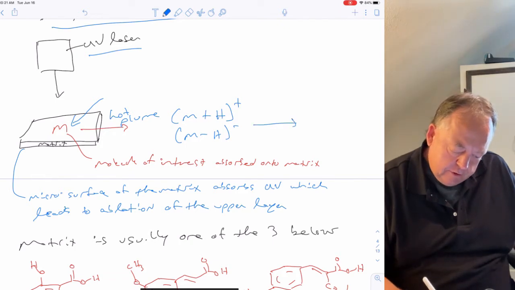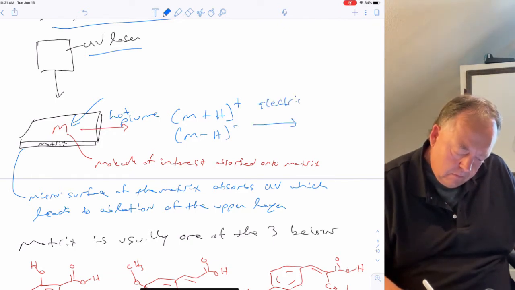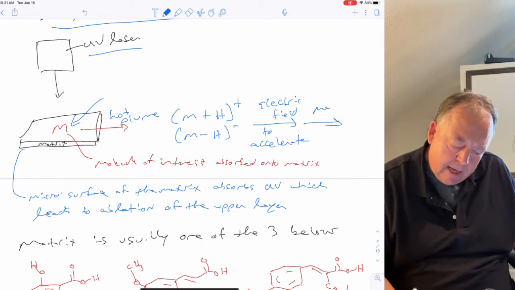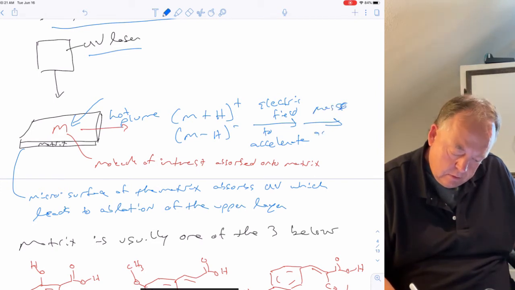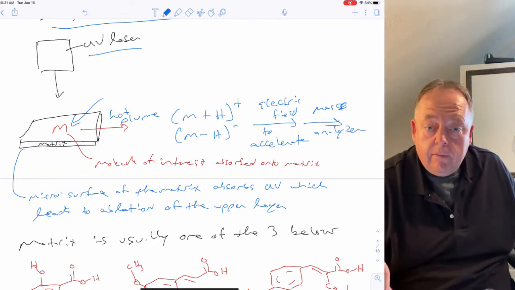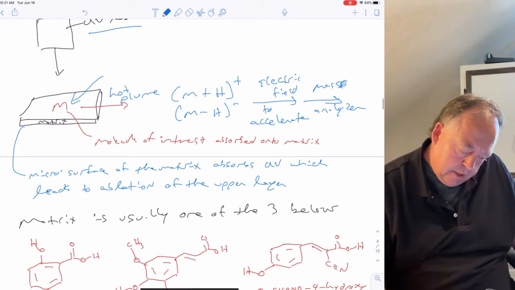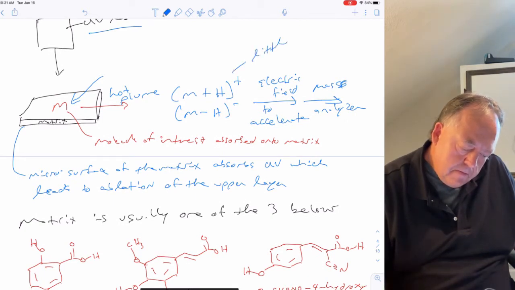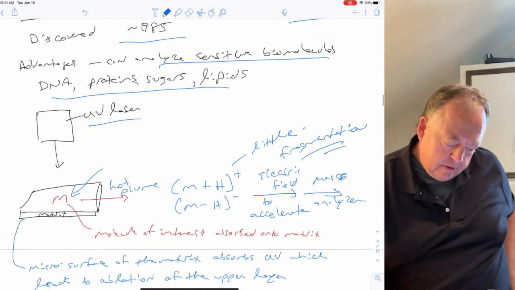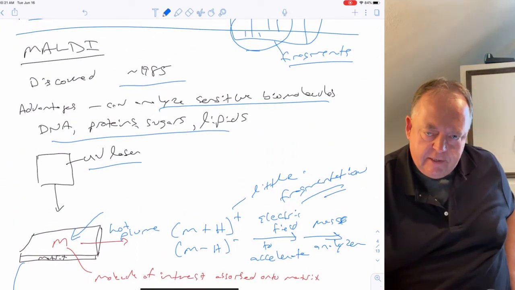And then with the electric fields, to accelerate your ion, and then you can push that into your mass analyzer and separate the ions out based on the molar mass. And so again, there's very little fragmentation in the technique. So your parent ion for these very sensitive molecules will live long enough to hit the detector.